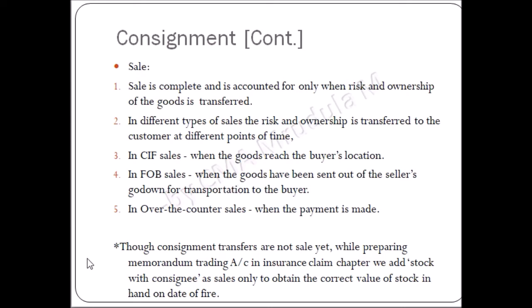But in the insurance claim chapter, while preparing the memorandum trading account, stock with consignee is also added to the sales amount. This is done to obtain the correct value of stock in hand on the date of fire and does not mean anything else. This is specific only to the insurance claim chapter, and otherwise the stock with consignee is added to closing stock and not to sales.